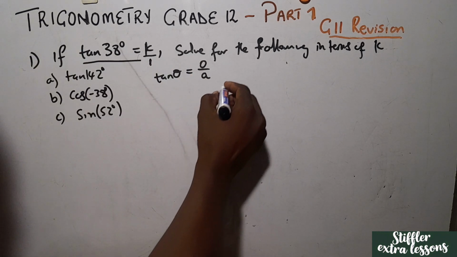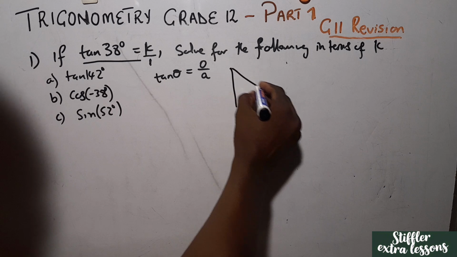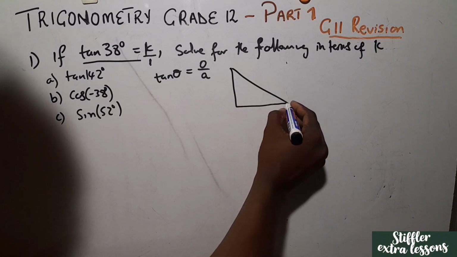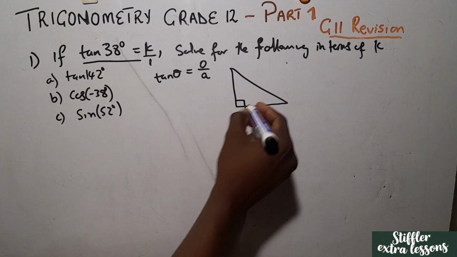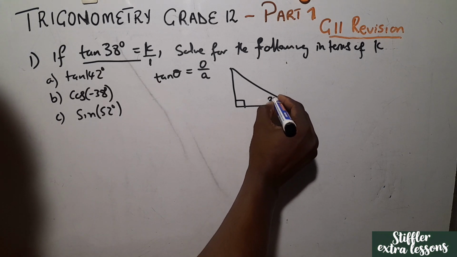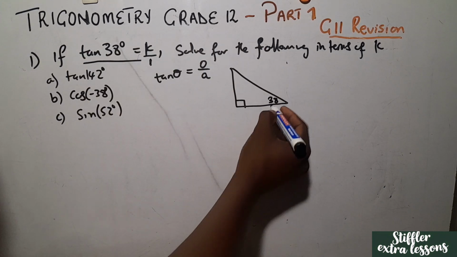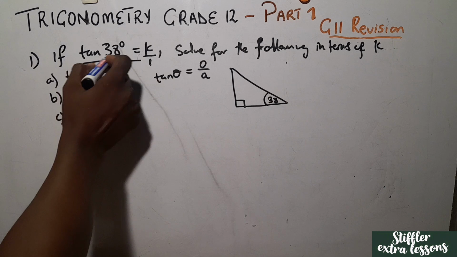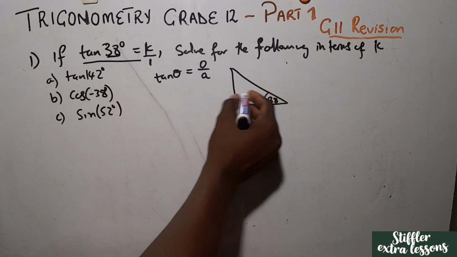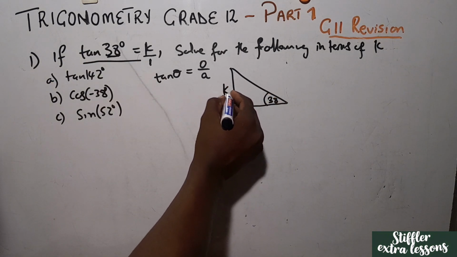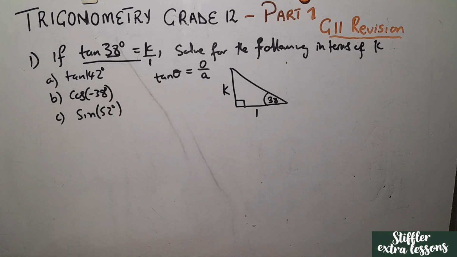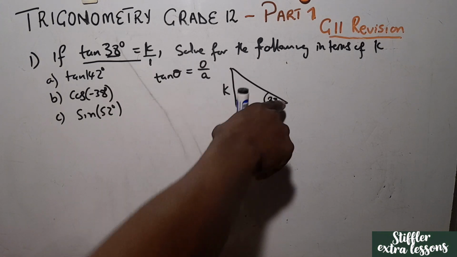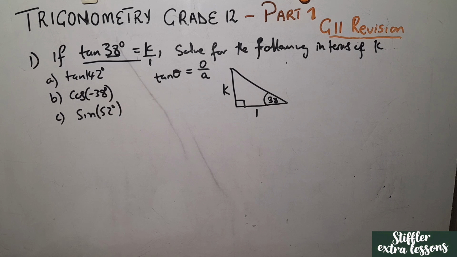So we are going to draw our cute triangle like that. I know that it's ugly, but it's cute. So like that. So we can place your 38 there, right? So this will be your 38 degrees. So your k is the opposite, so this is k, and this will be 1. The next step, you can see that you are not having this side. So now we use the theorem of Pythagoras, right?